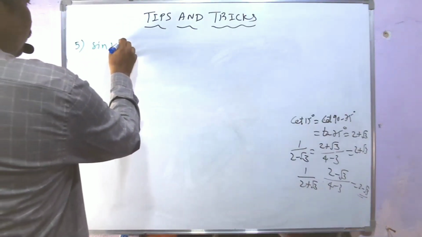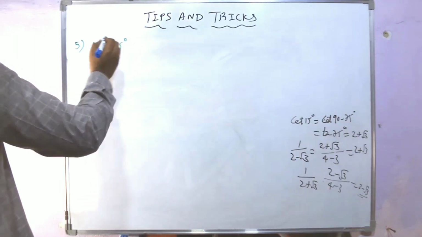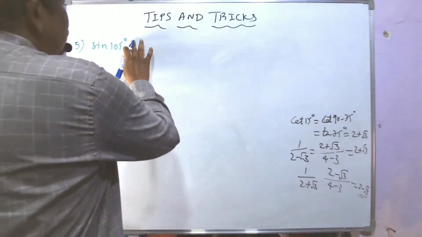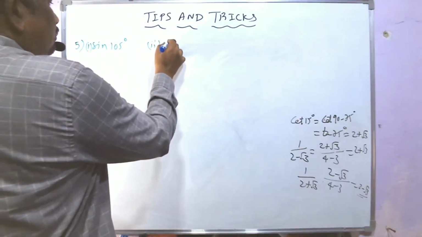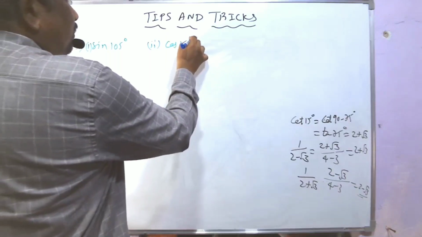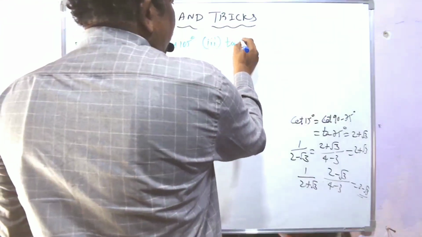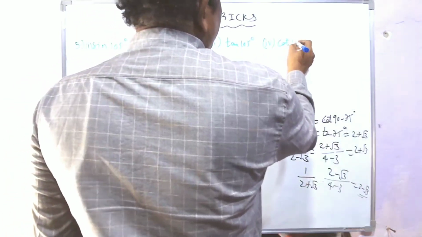We need the values of sin 105 degrees, cos 105 degrees, tan 105 degrees, and cot 105 degrees.